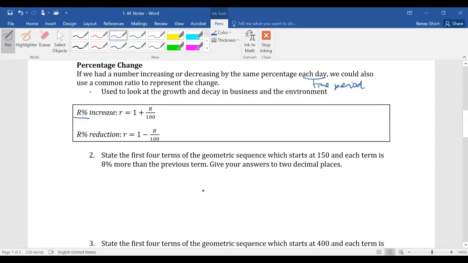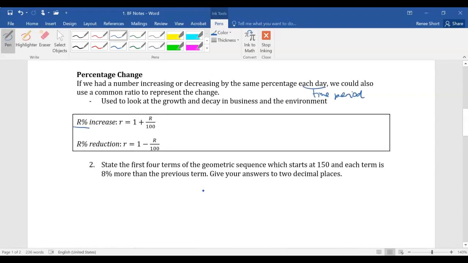Question 2 says: state the first 4 terms of a geometric sequence which starts at 150 and each term is 8% more than the previous term. First, we know that A is 150, what we're starting with. We need to find the lowercase r, our common ratio, which is 1 plus 8 over 100.